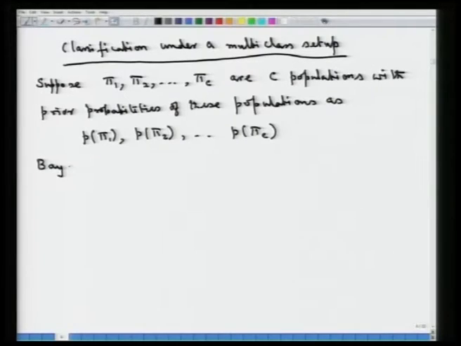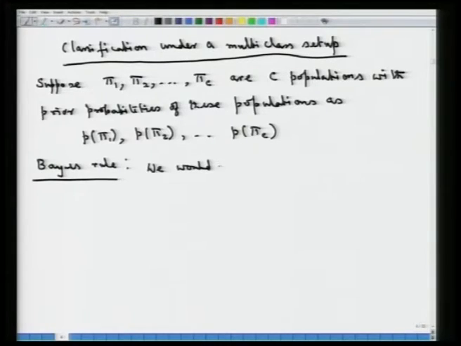Now, let us look at the three types of classification rules that we have derived for the two population problem. Let us first look at the Bayes rule. The Bayes rule is going to choose that particular population which has the highest posterior probability.